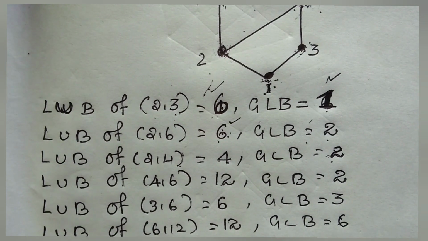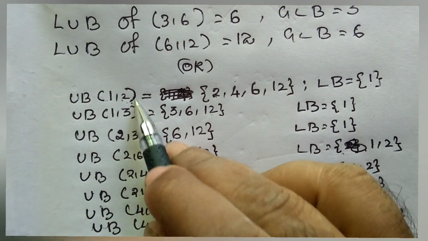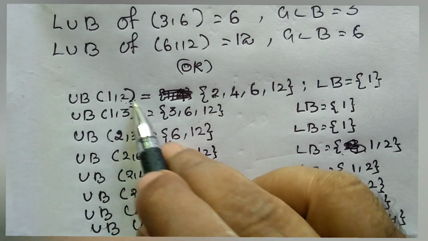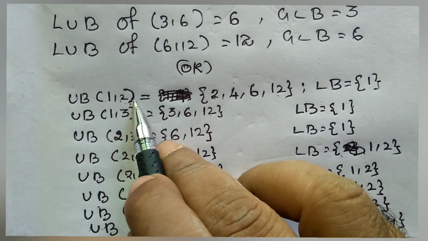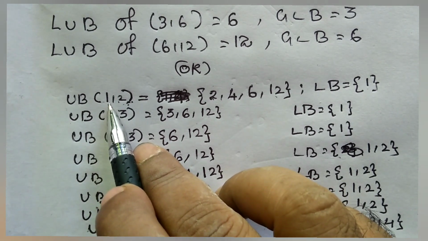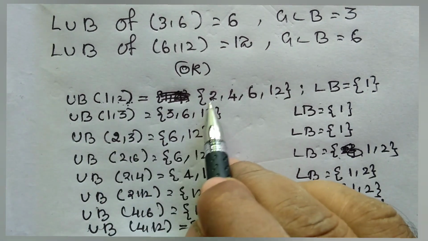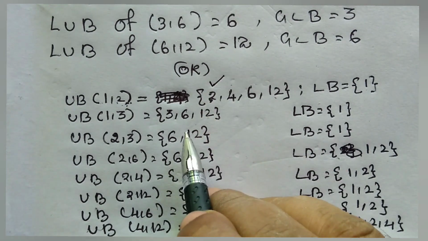That is, 2 is divisible by 1 and 2, 4 is divisible by 1 and 2, 6 is divisible by 1 and 2, and 12 is divisible by 1 and 2. So what is the LUB? The least value, which is 2.